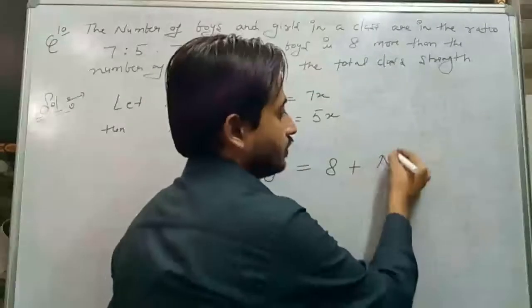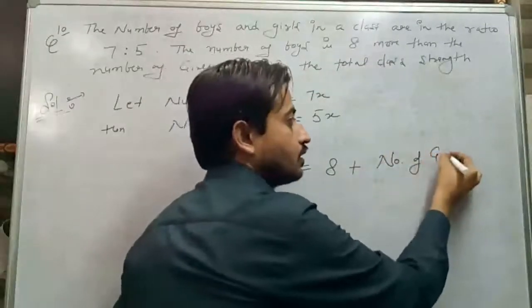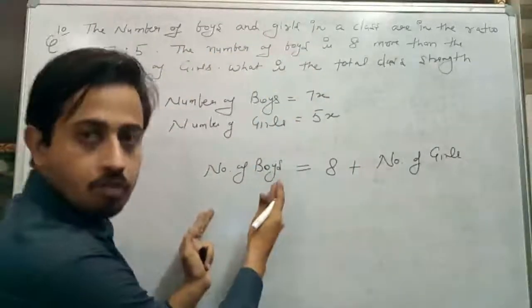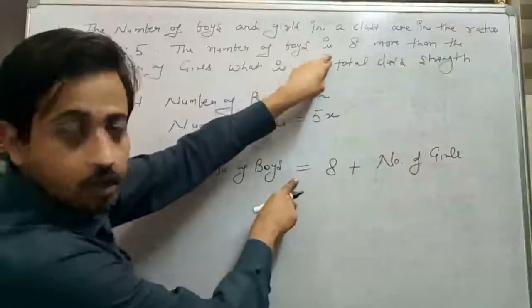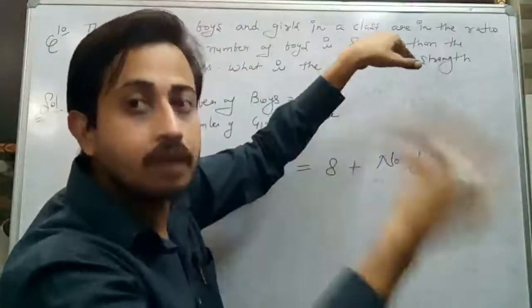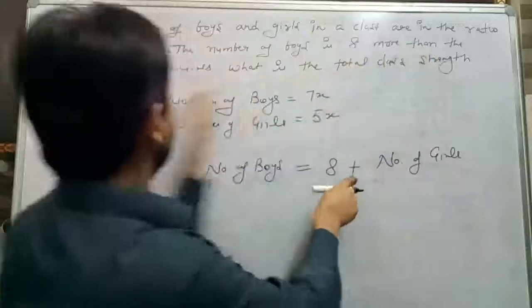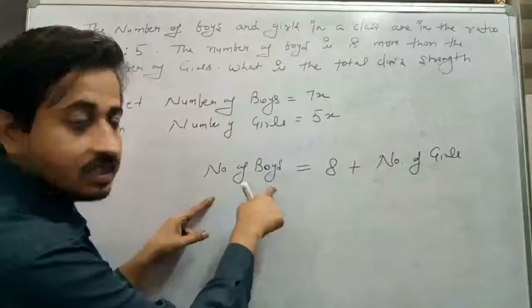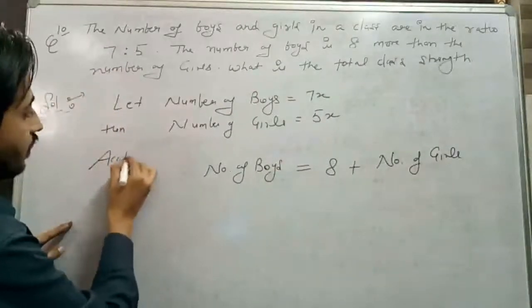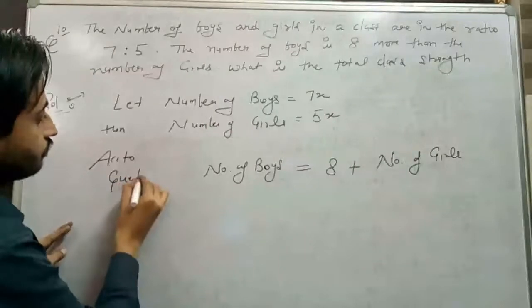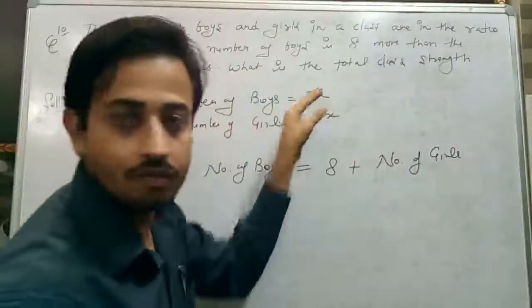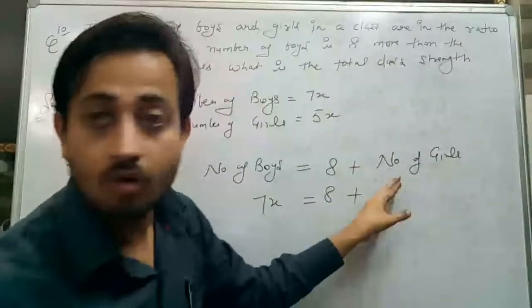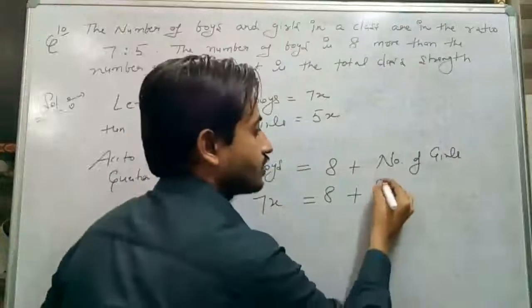I am reading the statement again: number of boys is equal to 8 plus the number of girls. According to the question, the number of boys we know is 7x plus 8, and the number of girls is 5x.